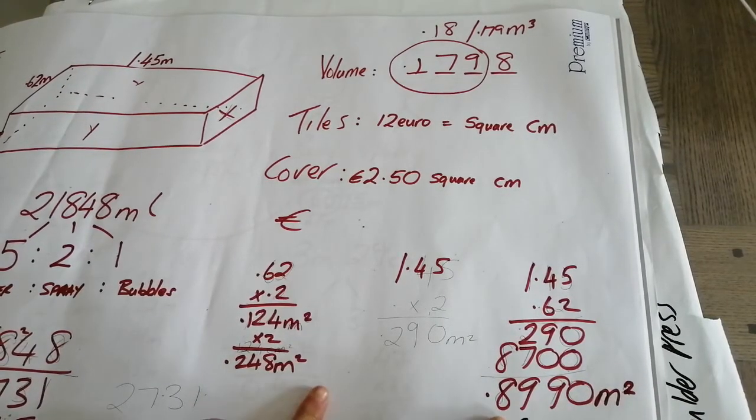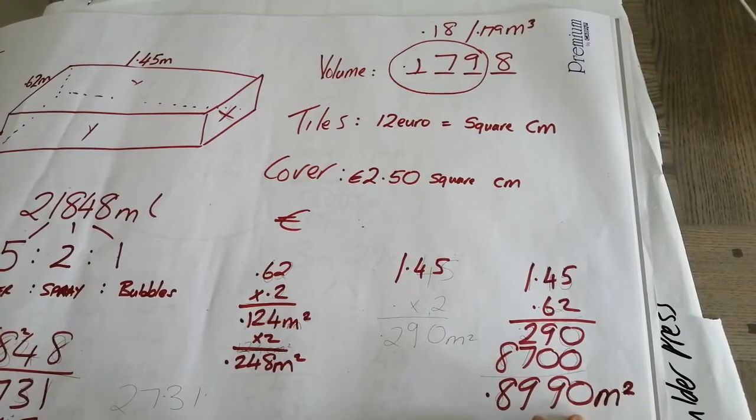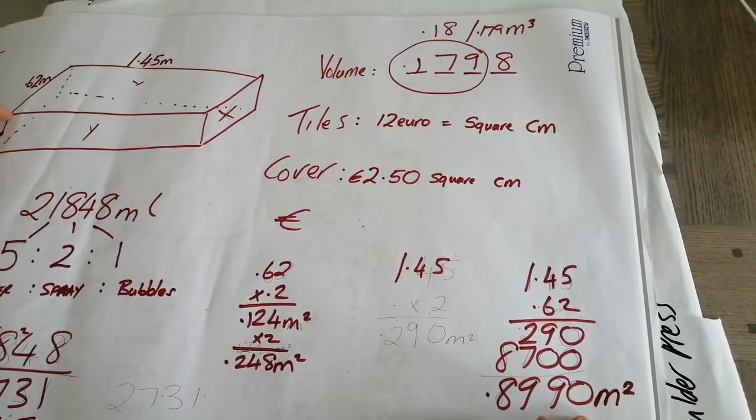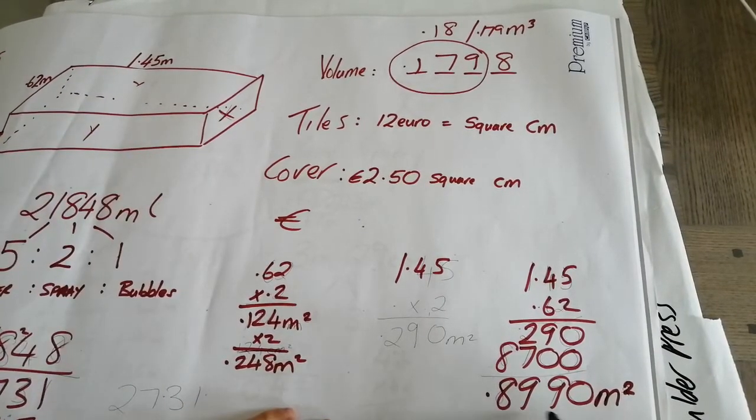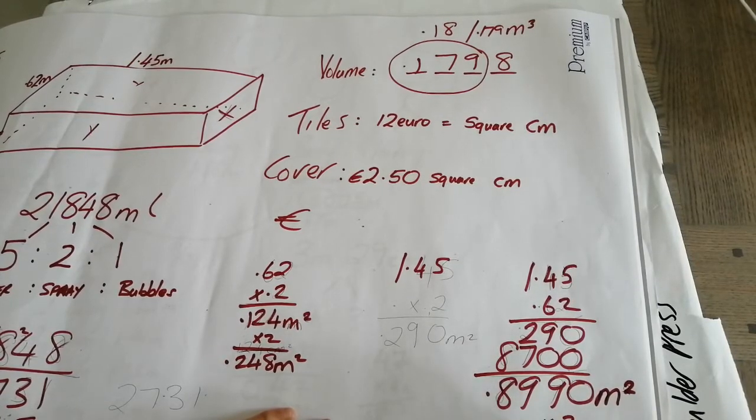So that is 0.89990 meters squared. So it's almost a full square meter to get all of this side done. And of course we have 2 of these sides. And there's 4 in the question.